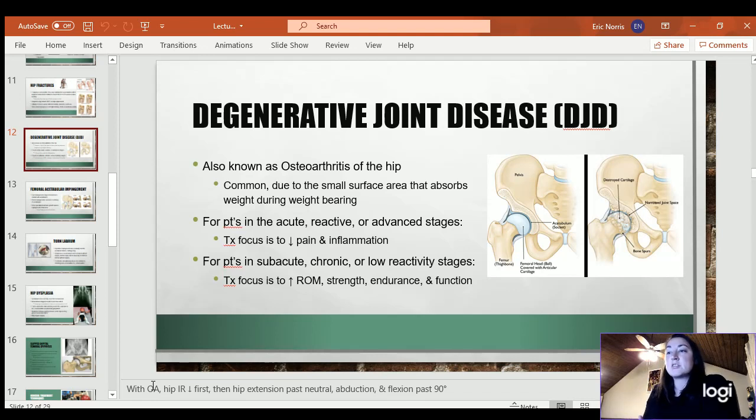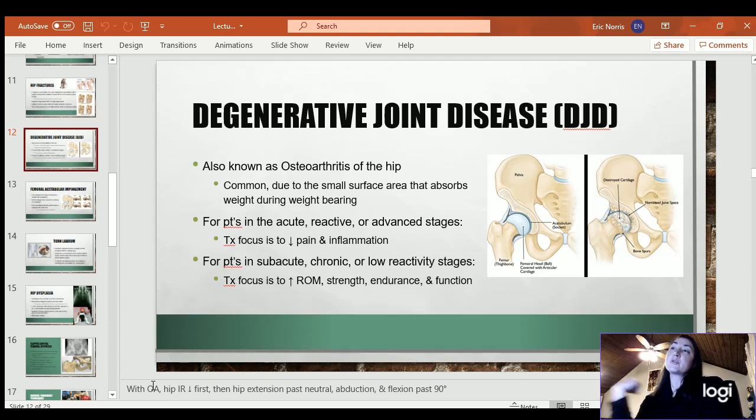And then they start to notice limitations in hip extension past neutral, hip abduction, and eventually in hip flexion past 90. So that could be pain they notice, it could be stiffness, it could also be eventual true limitations that they notice with that pattern: internal rotation first, then extension past neutral, then abduction, and eventually flexion.